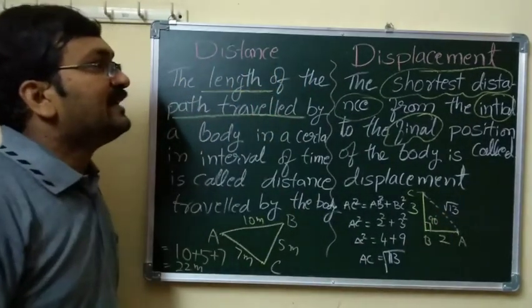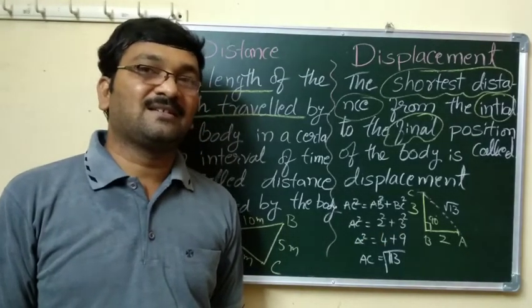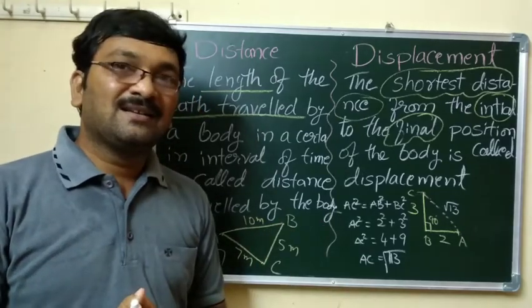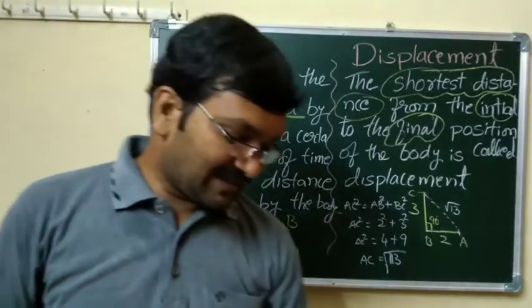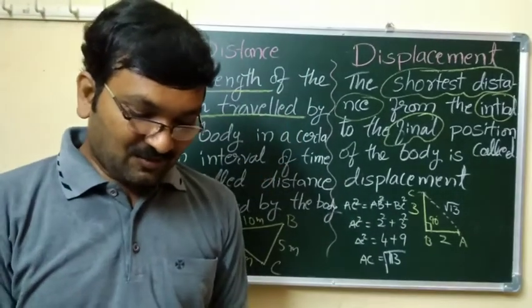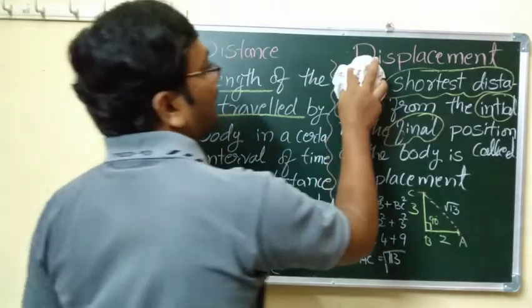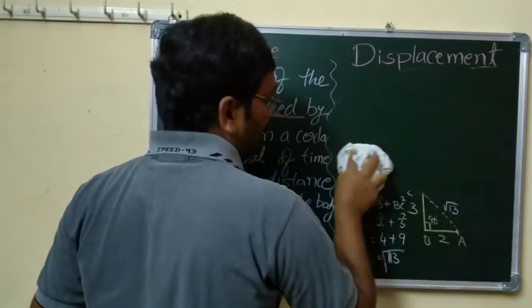So the displacement here is root 13. I think you got an idea. Can I give one more example for your understanding, a little bit typical one? You should calculate this accurately, so that in future you can use it accurately.